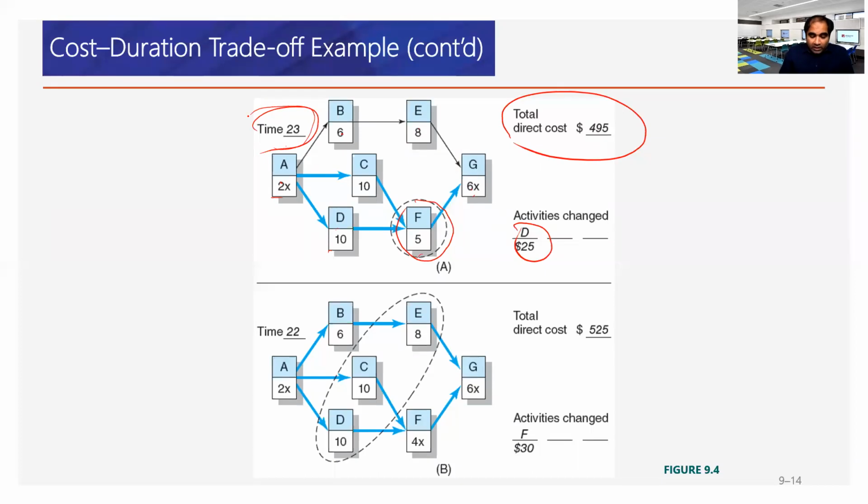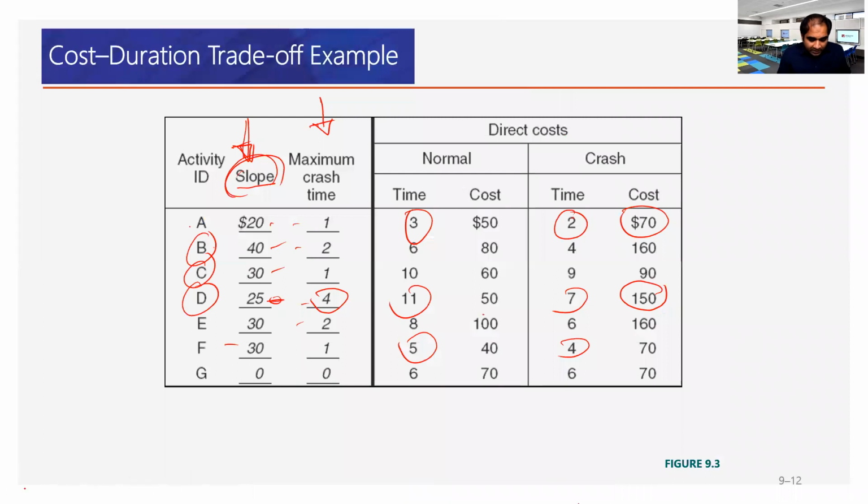All right. So next, let's focus on D, C, E, all three. If you look at the table, C, E, and F will cost exactly a similar amount, right? Now, which one of the critical chain actually helps us in reducing the total project duration?